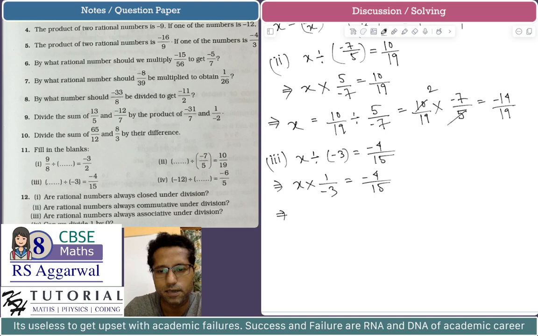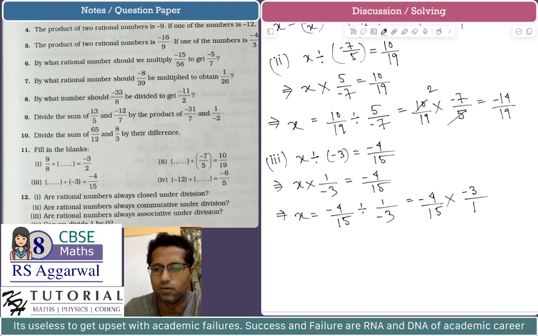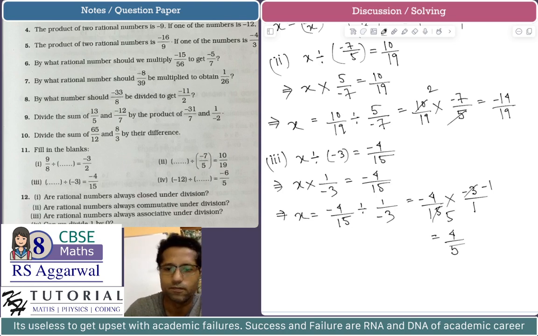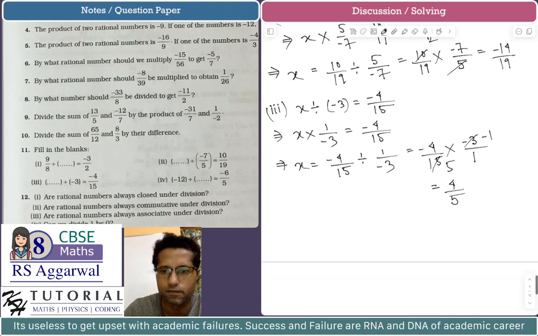This implies x is equal to minus 4 by 15 divided by 1 by minus 3. This is equal to minus 4 by 15 multiplied by minus 3 by 1. Now if you do cancellation, 3 divides minus 3 to give minus 1, and this is 5. So this is 4 by 5. x is 4 by 5.